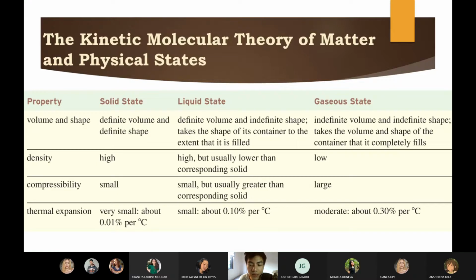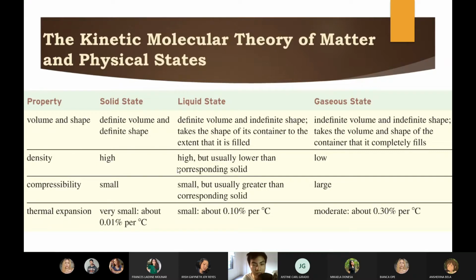And greater volume means lower density, no? If you could recall the density formula, D equals M over V, no? So, inverse yung relationship ng density and volume. That's why for gases, mataas yung volume, mababa yung density. Okay? That is in contrast with solids and liquids, no?